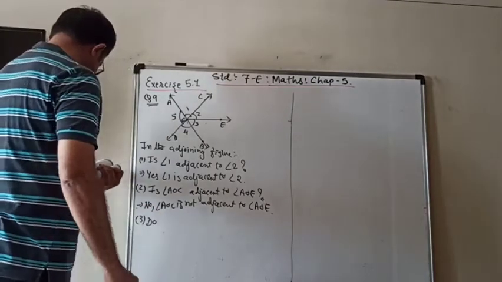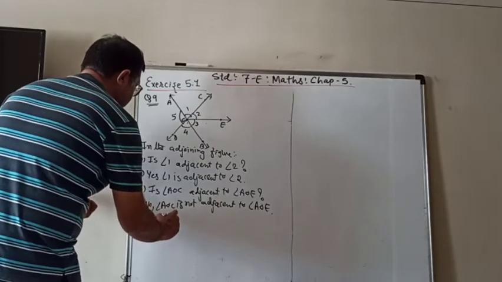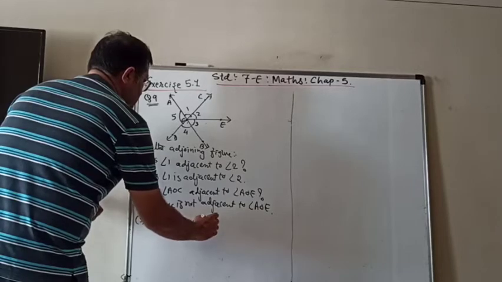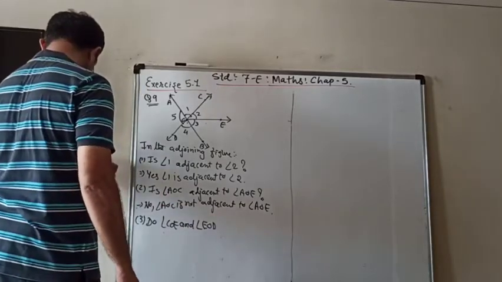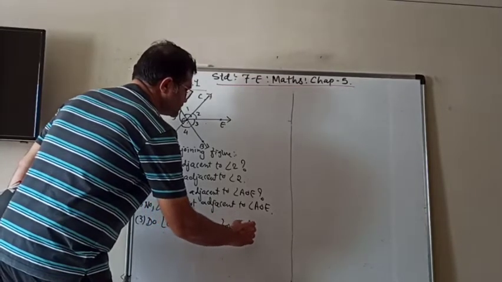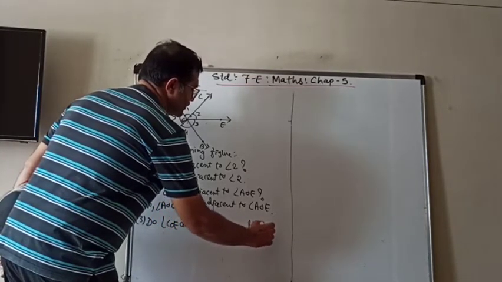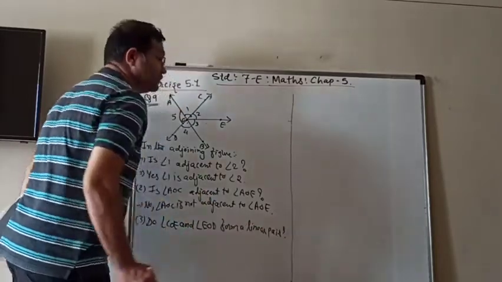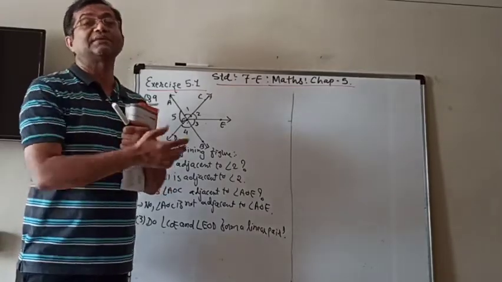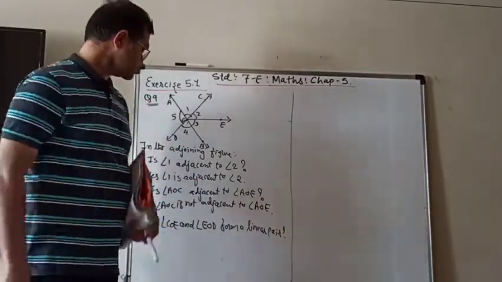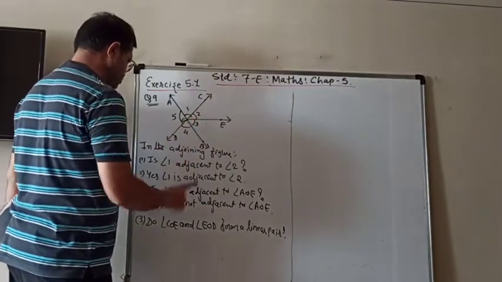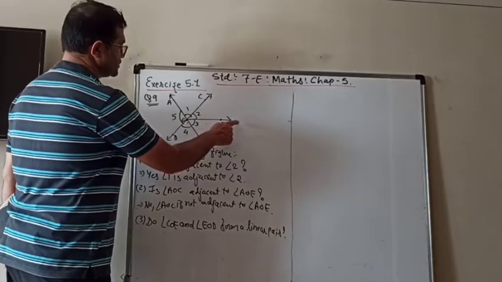Third question: do angle COE and angle EOD form a linear pair? Now we know that in a linear pair, the non-common arms must make a line or opposite rays. Angle COE means this angle number 2, and EOD.